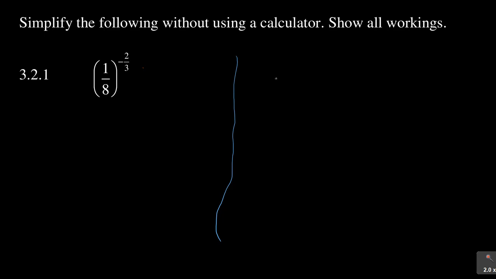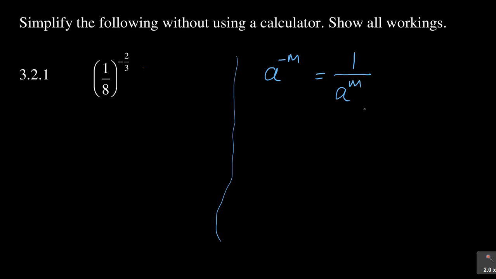There is a law which says if I'm given a to the power negative m, to remove this negative I must say 1 over a to the power m, and now the m will be positive.